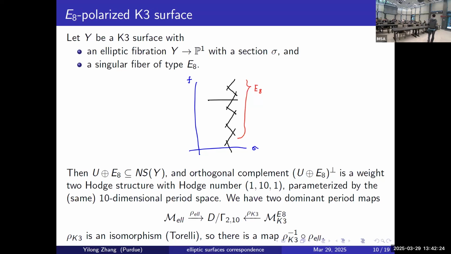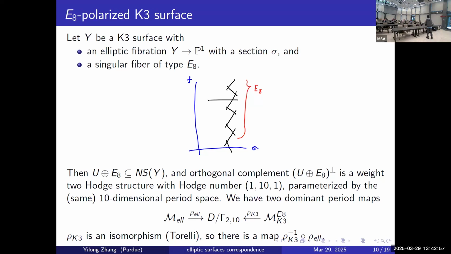It turned out that if you consider this period map for lattice polarized K3, you actually land in the same period domain. And then you ask what is going to happen for the period map on the K3 side. It turns out you still have a Torelli theorem. The classical Torelli theorem applies if you have a polarization by an ample line bundle, but it turned out that Dolgachev showed that you have it for lattice polarized K3.